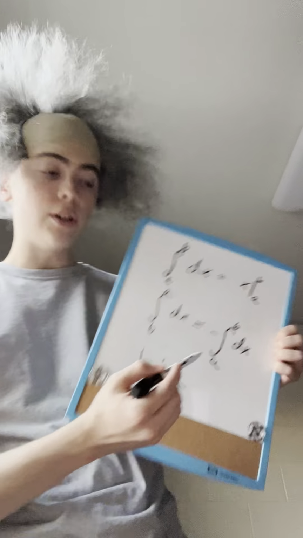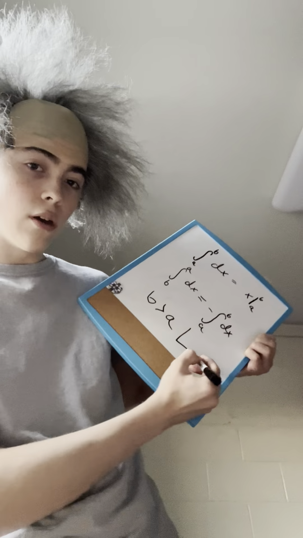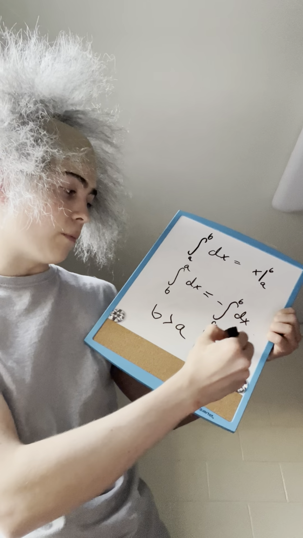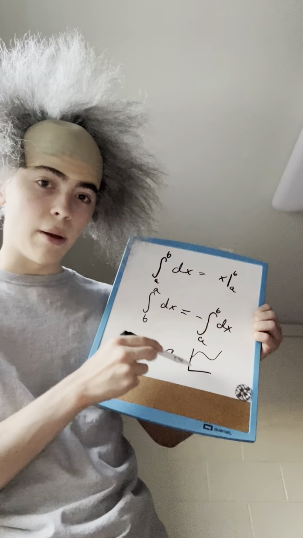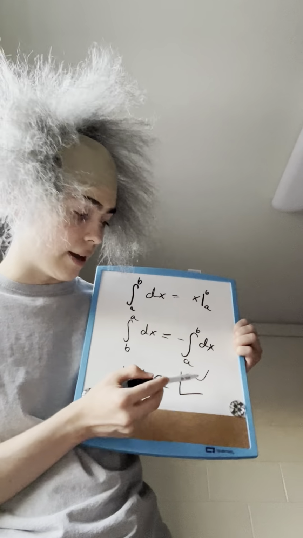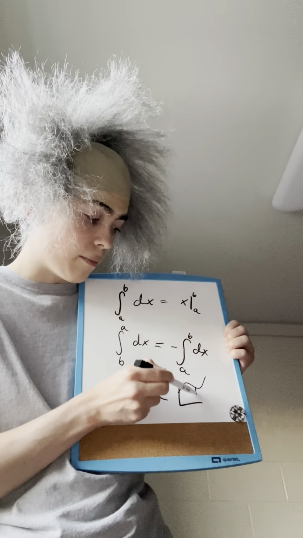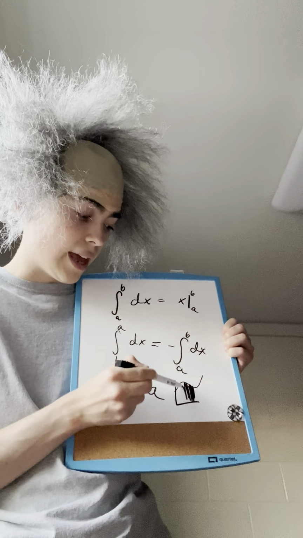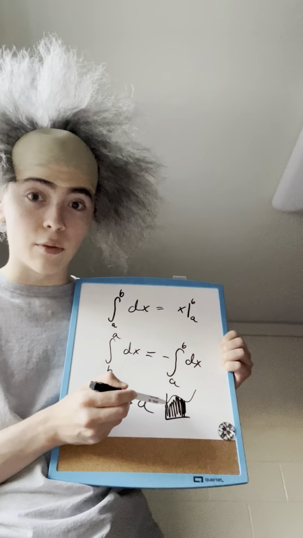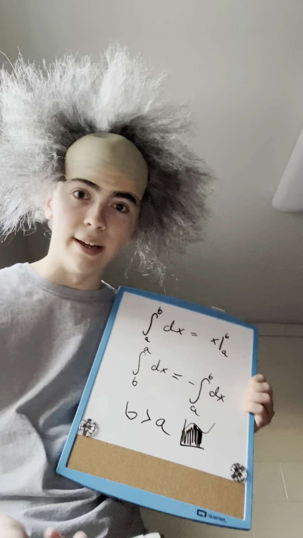Now, visually, you can think about this as, we have some function, and instead of moving my pen from left to right and accumulating area, I could think of moving my pen from right to left, and I'm going backwards, and so we're losing area, right?